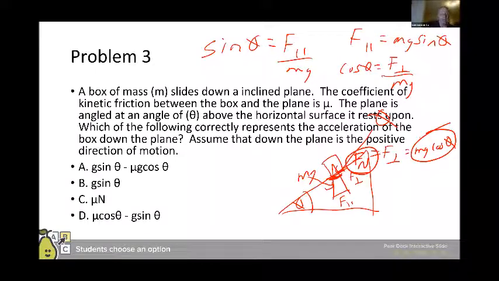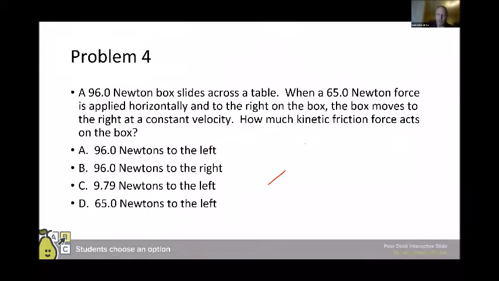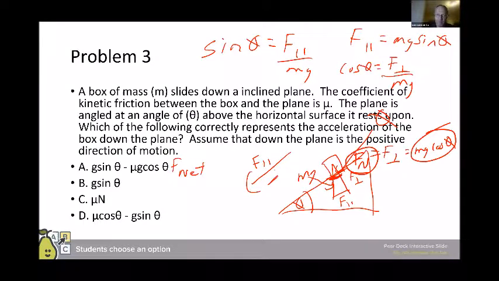Where I would start is I know that my net force in this case is going to be equal to the difference between my F parallel, which is pushing the box down the plane, and my friction, which is pushing the other way. That's F sub f. So let's write it out this way: F net equals F parallel minus F f.